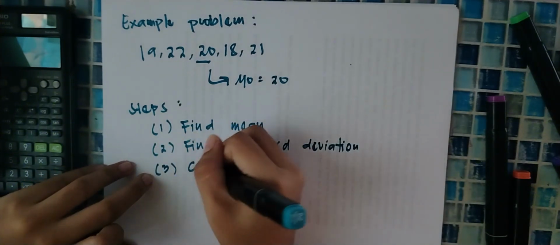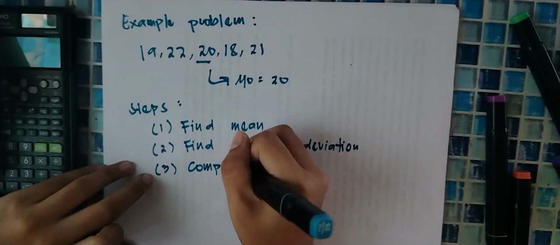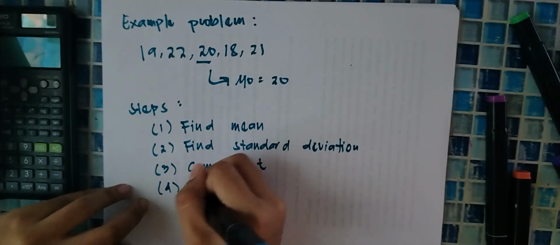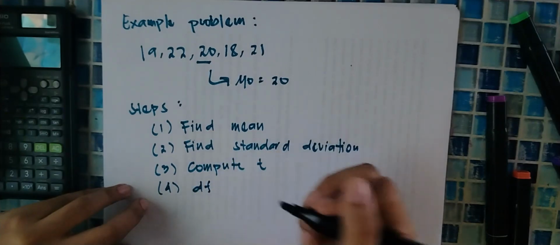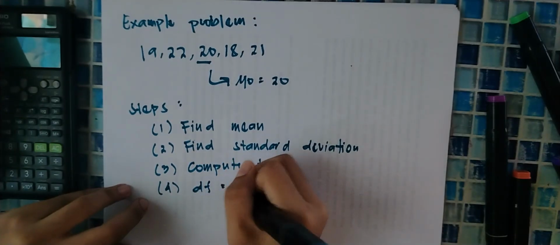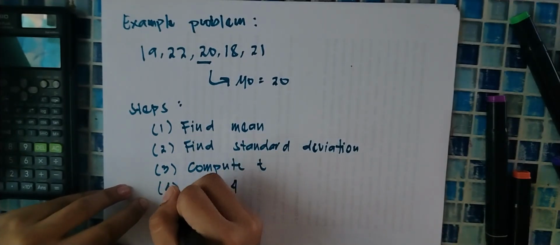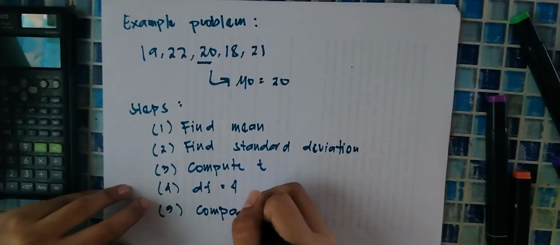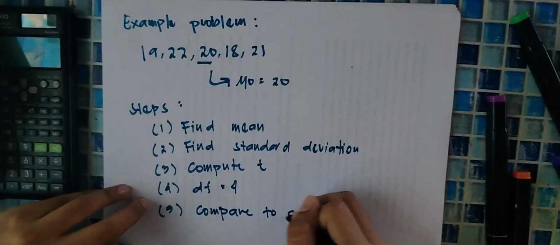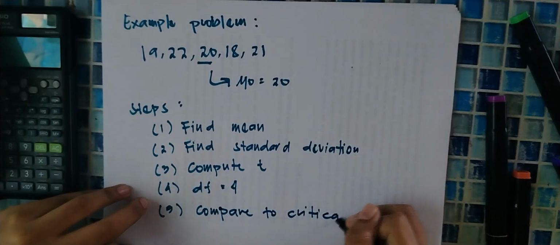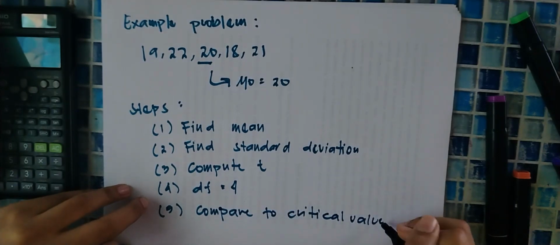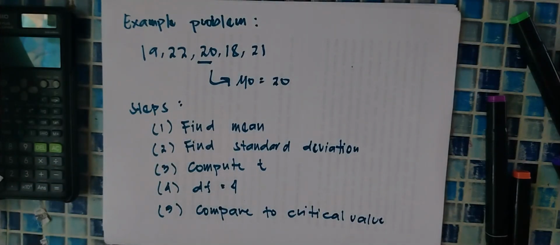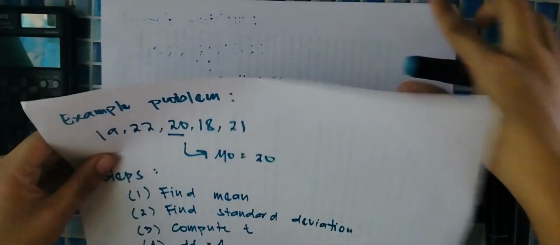And next, compute the t-statistic. And next are the degrees of freedom, which equals 4. And lastly, compare to the critical value. So that's it. Let's start to solve the problem.